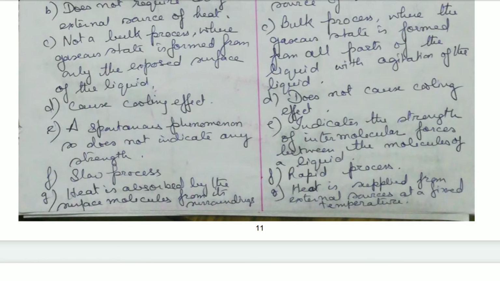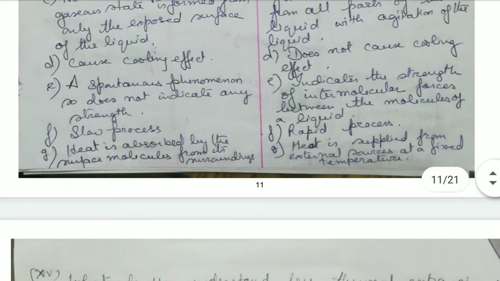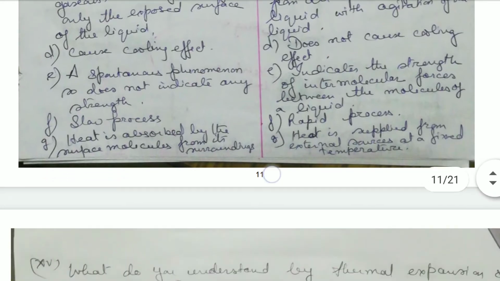This is indicated by the boiling process, but not in evaporation. Evaporation is a slow process, whereas boiling is a rapid process. Heat is absorbed by the surface molecules from the surroundings in evaporation, while in boiling, heat is supplied from an external source at a fixed temperature.